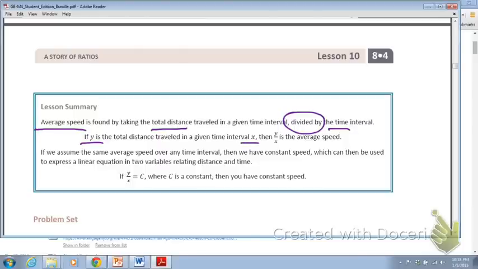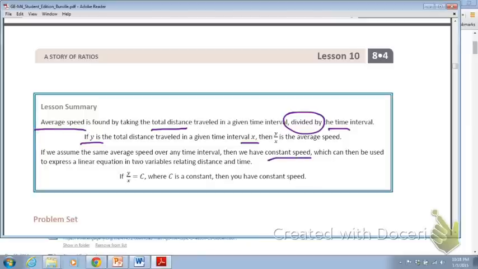And when we used that with some of the data that we had in a given problem, then we could write these equations. So if we assume the same average speed over any time interval, then we have constant speed. And so remember, we looked at an example that was not constant speed, but the other examples that we did specified that it was constant speed.